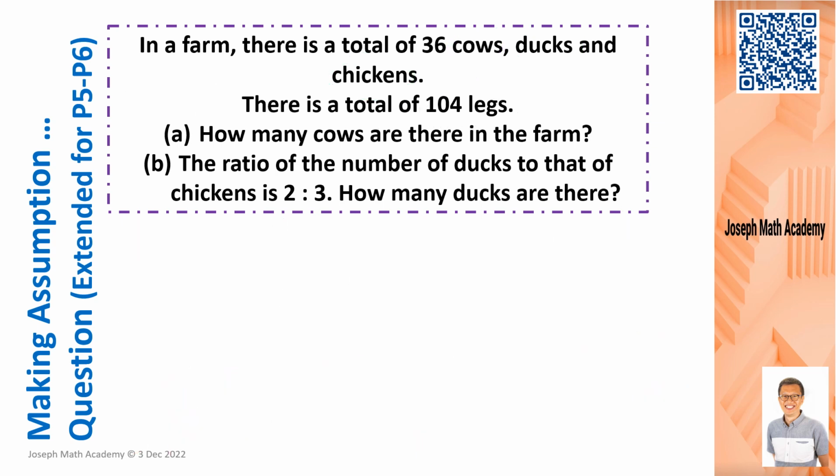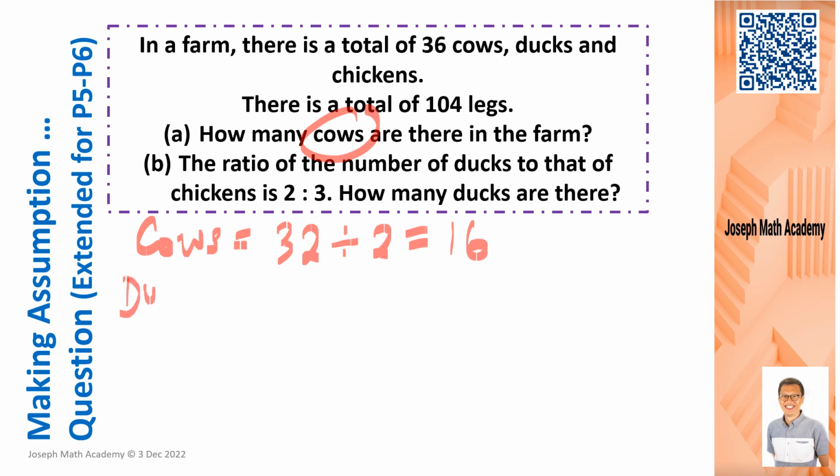Since we assume they are two-legged, my apology, just now remember our assumption statement, they are all two-legged. So now our answer would be 32 divided by 2, that gives us 16. That means 16 are cows now.